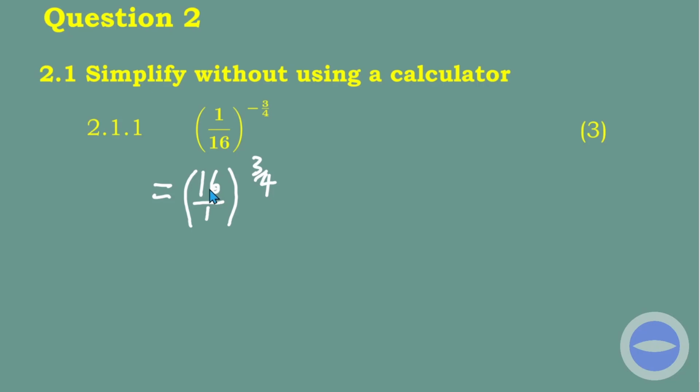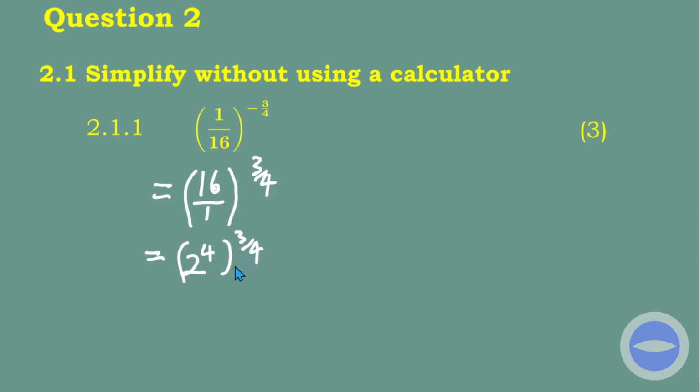We know that 16 is the same as 2 exponent 4. So instead of writing 16, we can write 2 exponent 4, and then we write the exponent 3 over 4.